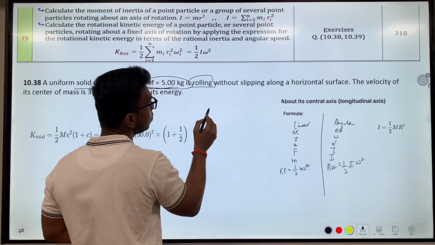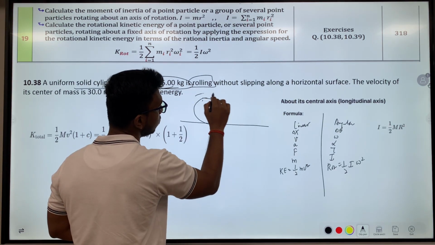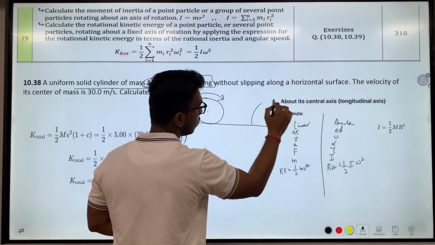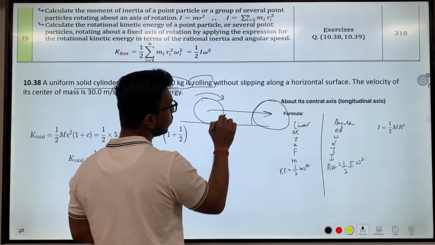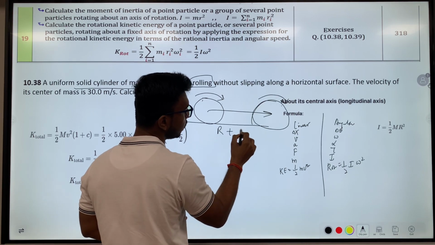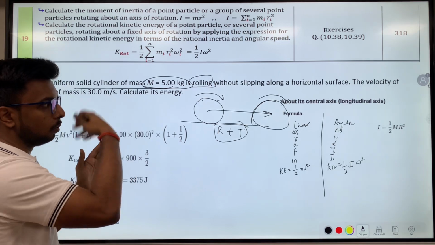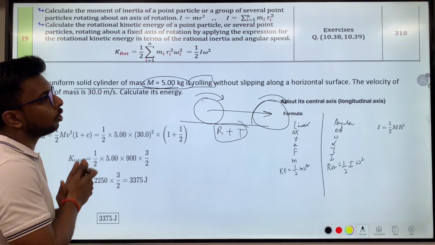Whenever we say rolling, it's basically moving. So this system is moving translationally, that means it is moving forward, as well as there is an element of rotation. So it is rotation plus translation. Translation means forward movement and rotation is the movement along the axis. So rolling without slipping along a horizontal surface.